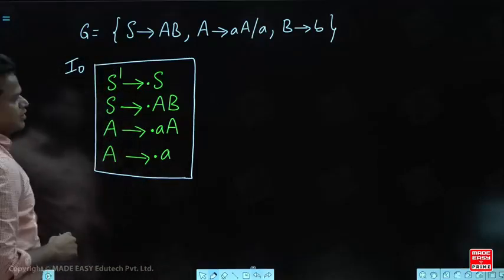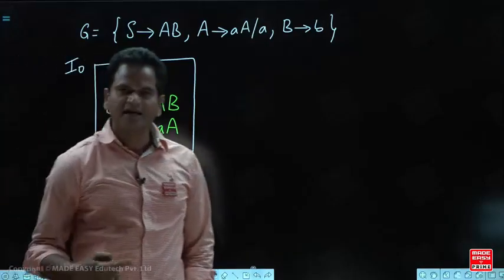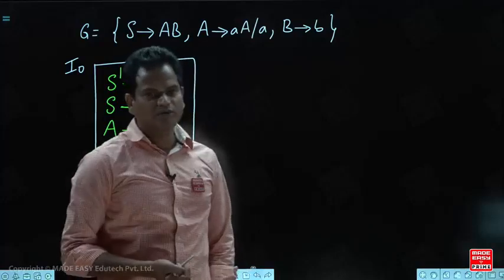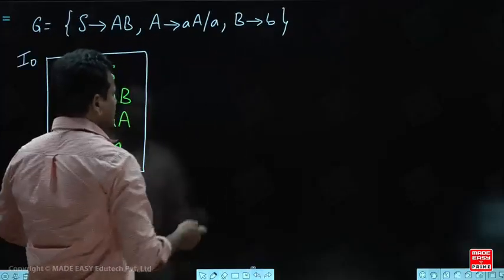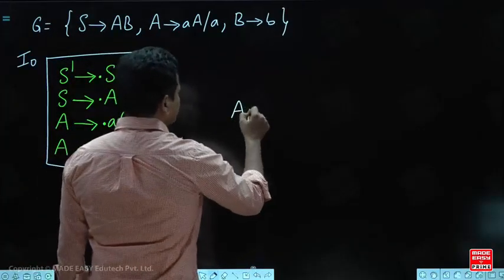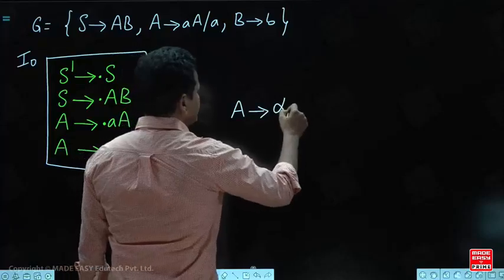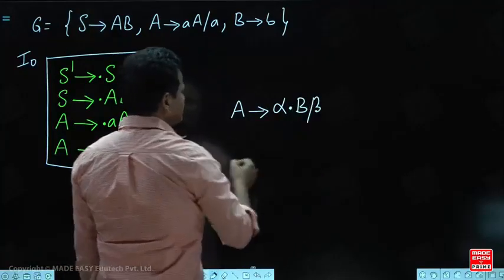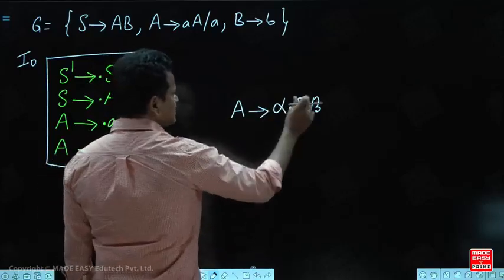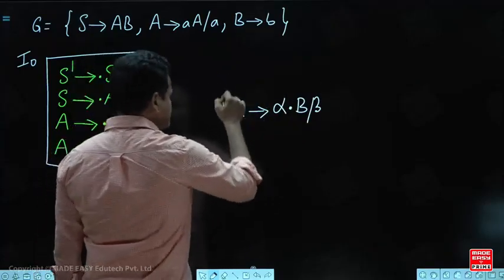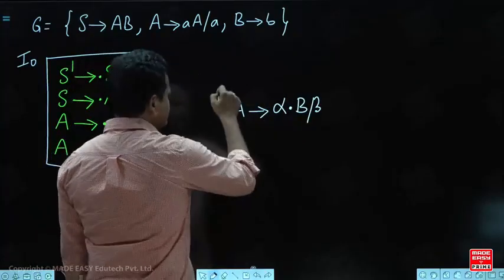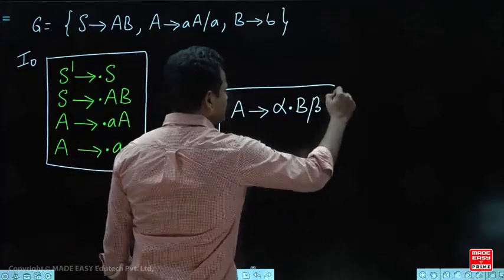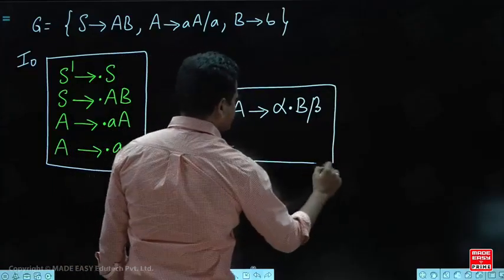This is I0. So in general, what is the rule for this? Suppose there is a production A → α.Bβ. Don't bother about what alpha and beta are. Just look at this production: what is the shift symbol?